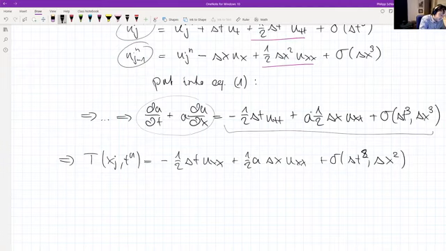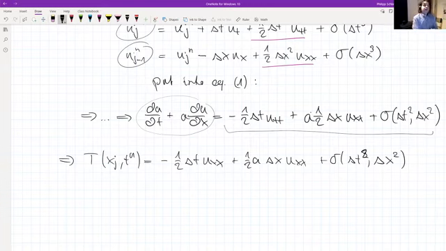Here it should of course be a power of 2 as well, because I have already divided by one delta x and one delta t. Okay, so this here is now my truncation error.